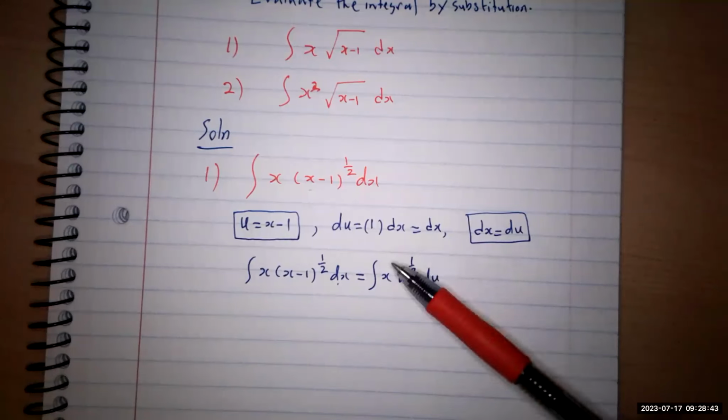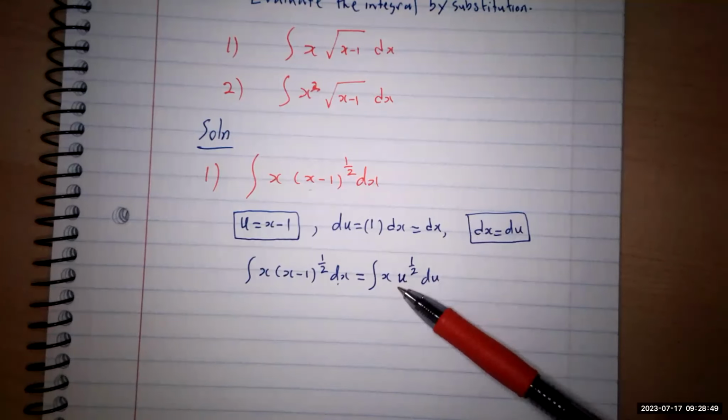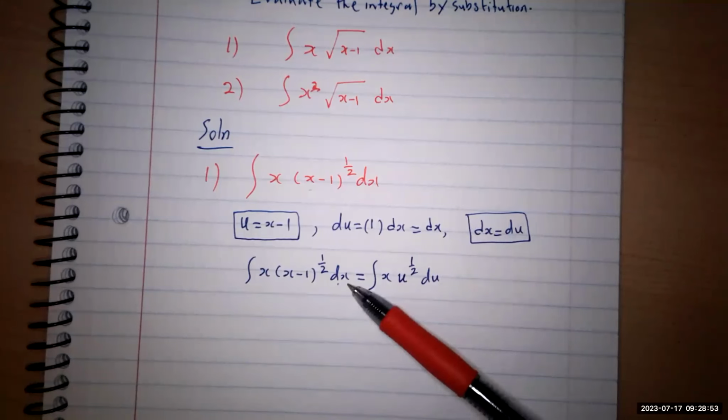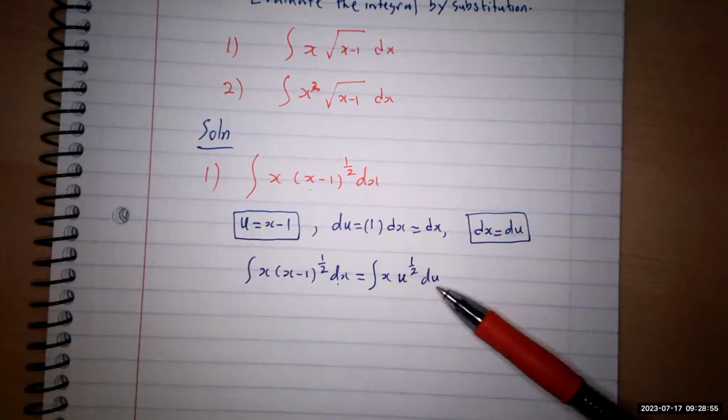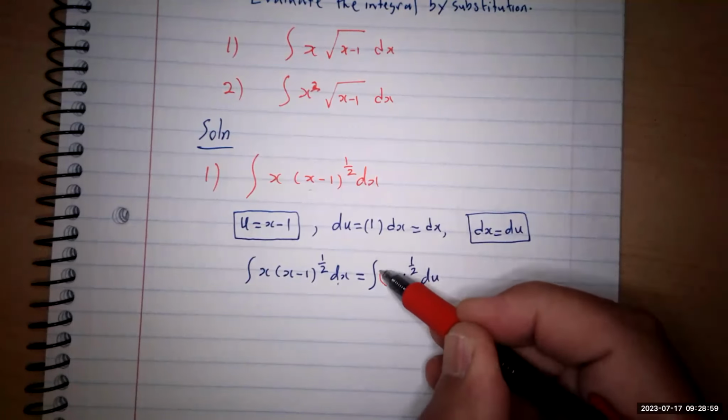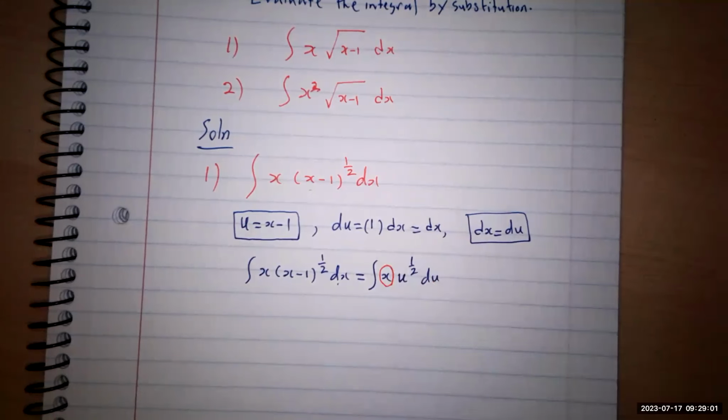When you do the substitution method, when you substitute, your function must be a function of u. You may have the u and the dx, or you can have the u and the du. So the difficulty is this x here. Okay, so what you can do in this case is change the x into u as well.